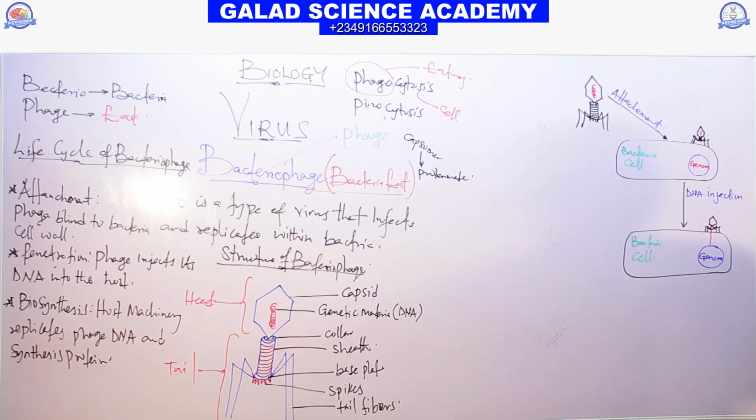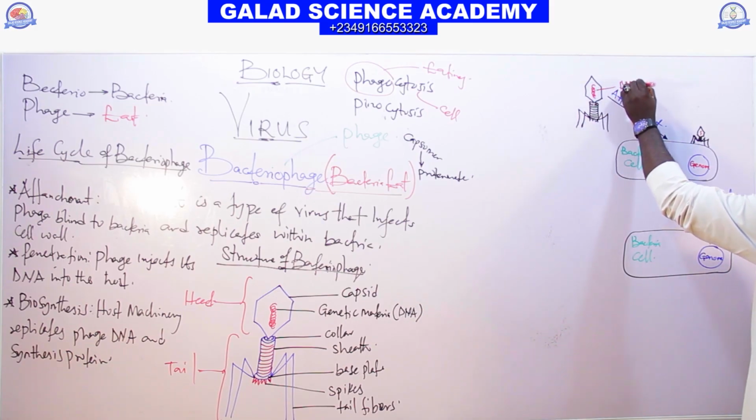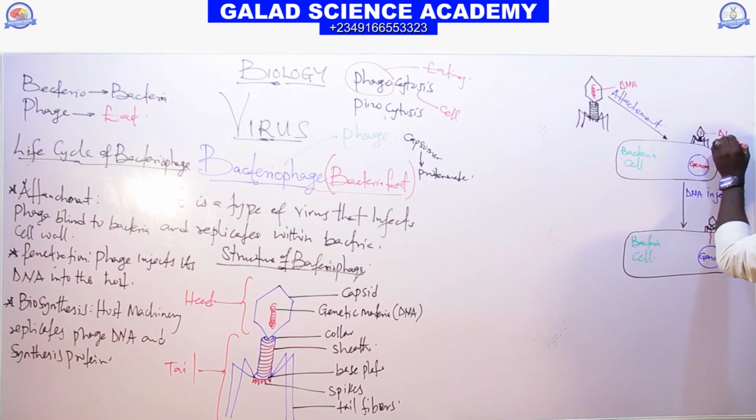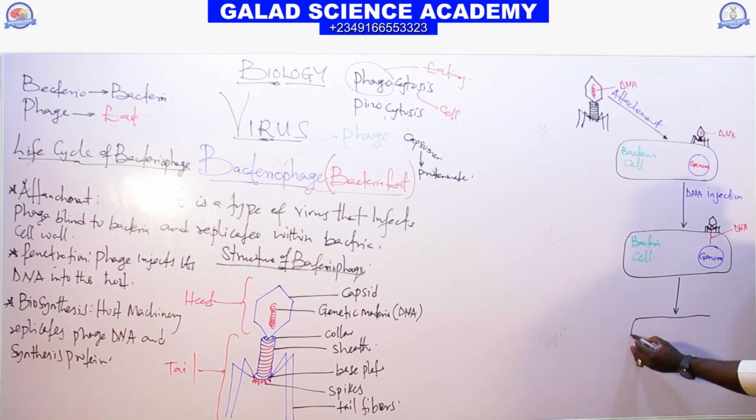Don't forget, let me put DNA. This is DNA injection. So when the DNA gets into the cell, the next thing, replication, will occur. The replication of DNA takes place inside the bacterial cell.